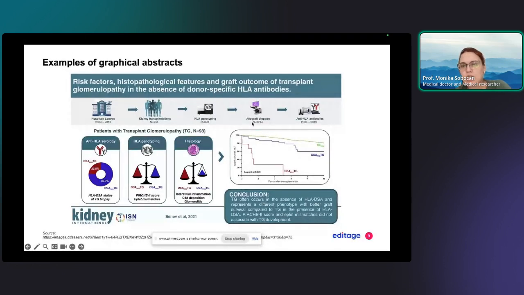They use then also biopsies to compare these two. And in order to get the best outcome comparison, they also used antibodies.